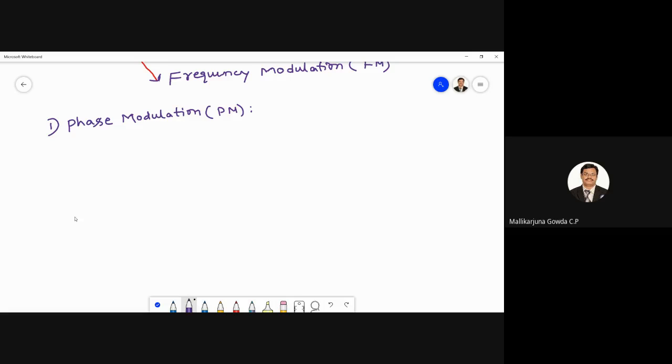What I said is, in phase modulation, the phase of the carrier is modulated by the message signal.